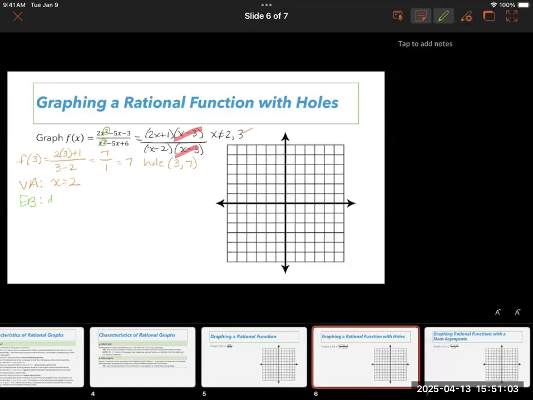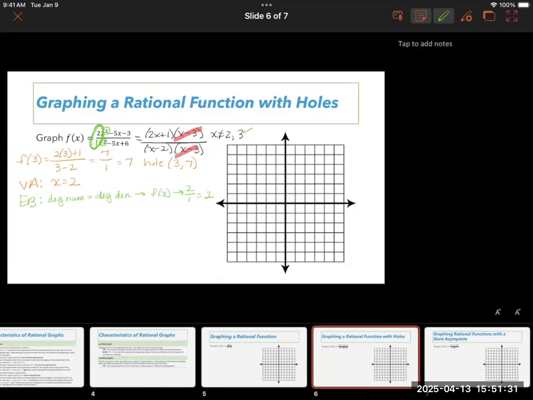So if the degree in the numerator is equal to the degree in the denominator, then that means f of x is going to be approaching the ratio of the leading coefficients. So 2 over 1, which is going to be 2.